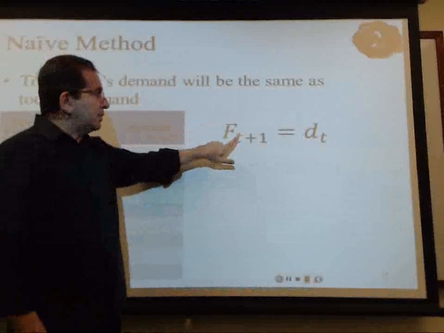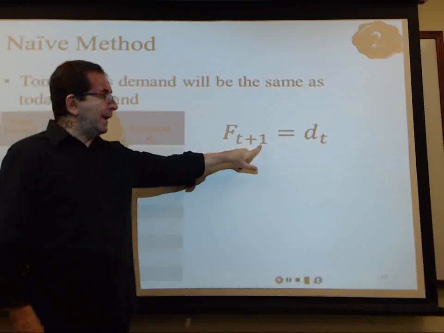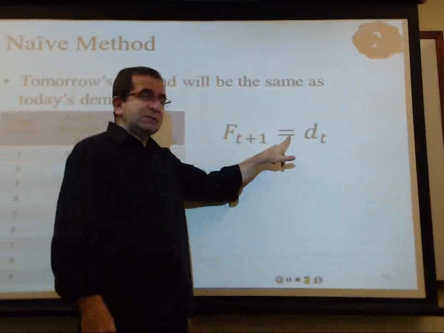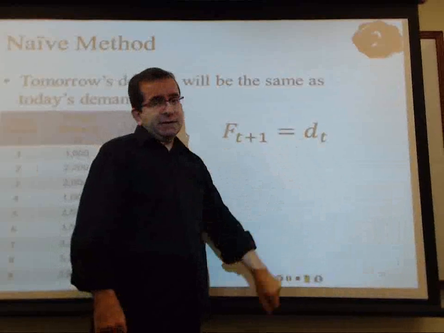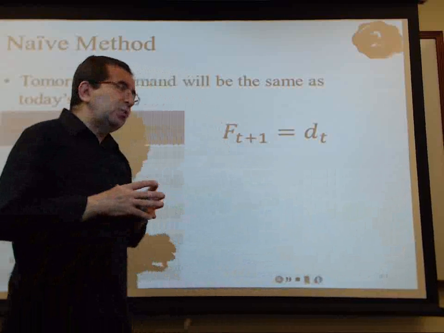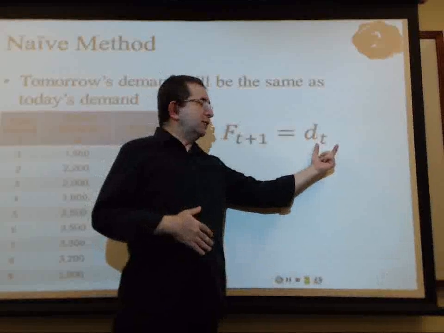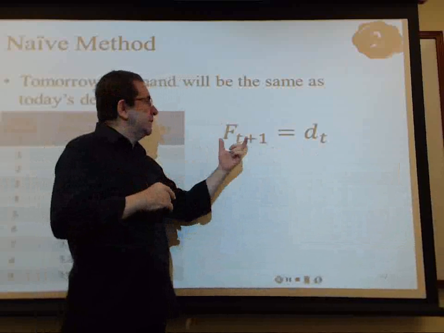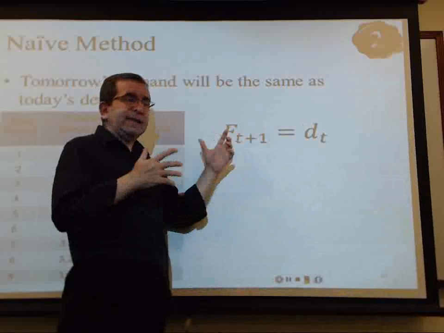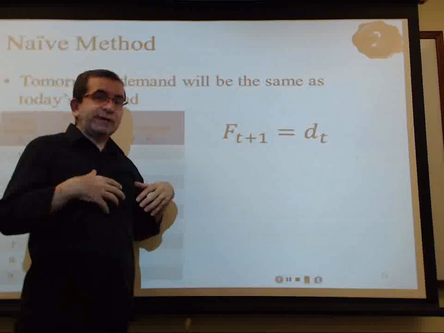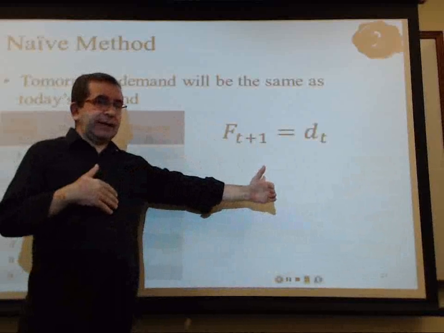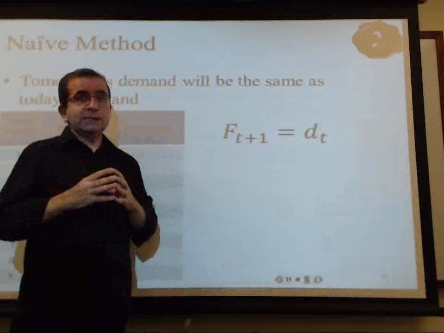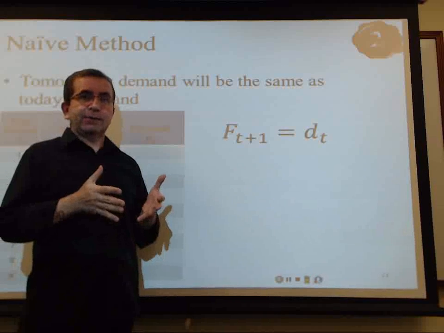Forecast for period t plus 1 equals demand for period t. So what this means is that whatever we observed in period t will happen exactly in period t plus 1. In other words, today's forecast will be exactly like yesterday, and tomorrow's forecast will be exactly like today. And as you can see, this is a very, very naive approach to forecasting.